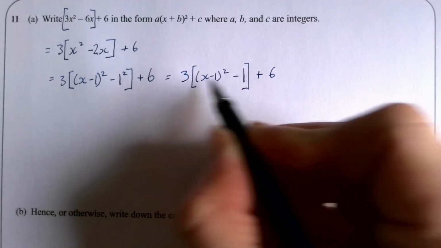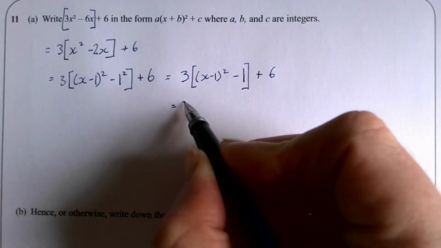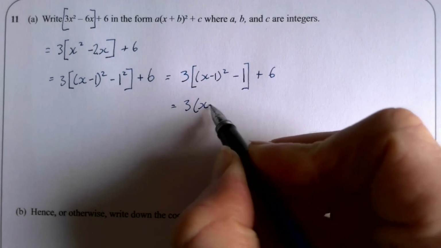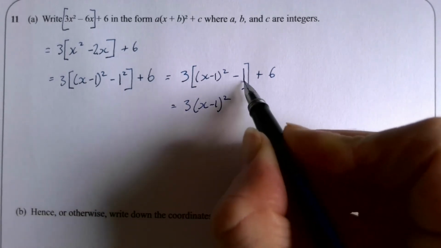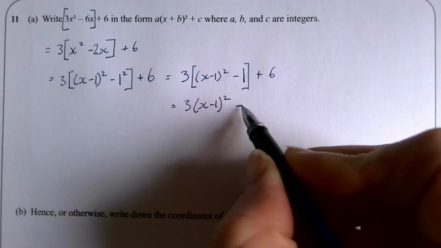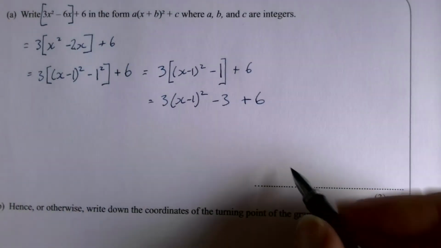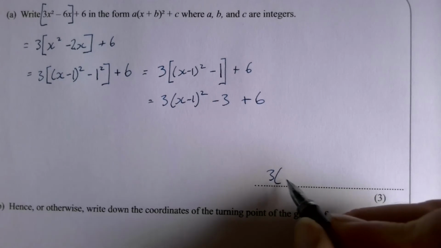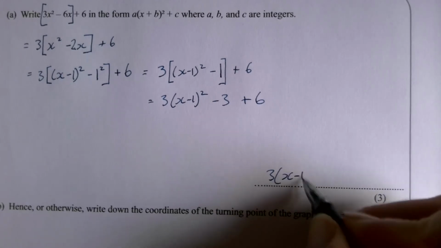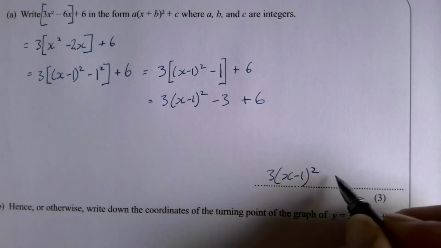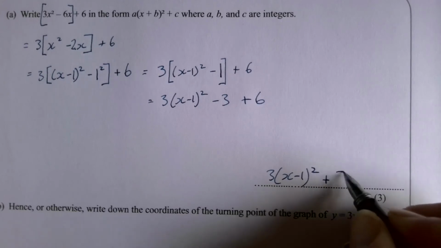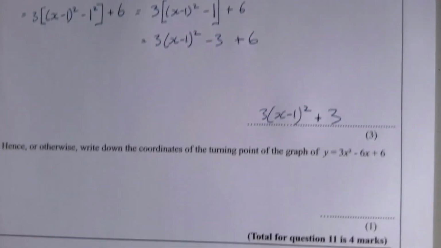Now we can expand this square bracket, and that's going to give us 3 with (x minus 1) squared there. We've got to times the 1 by 3, so it's negative 3 plus 6, which means we can now simplify, and 6 take 3 is plus 3, so that gives us that.